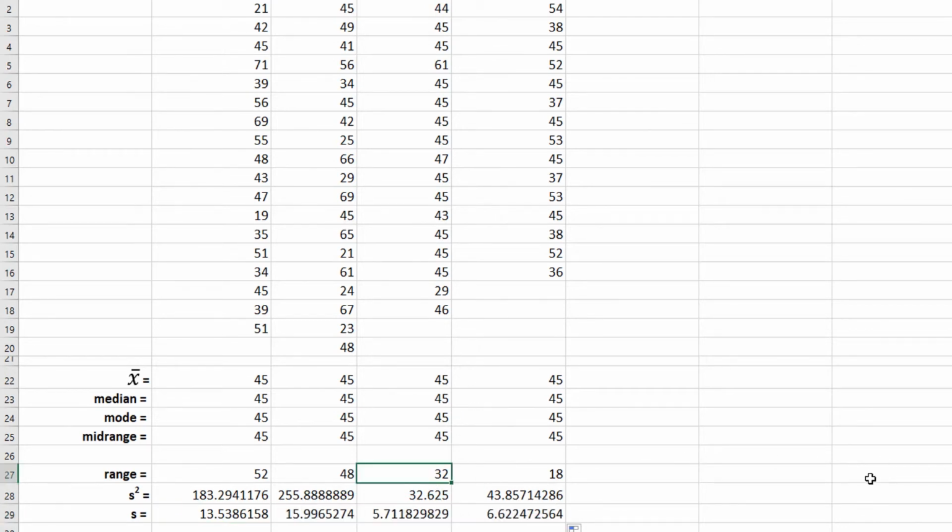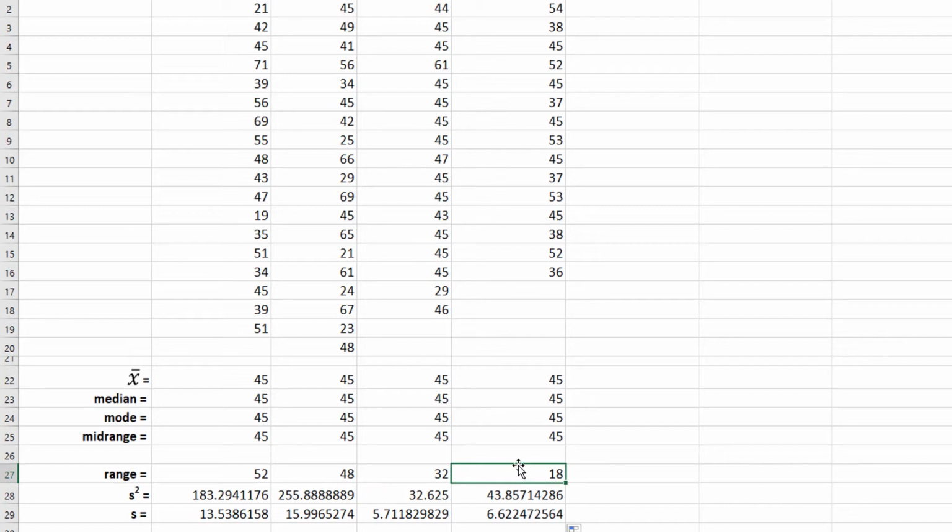If I take a look at just the ranges, 52 is a pretty big range. 48 is also a pretty big range when you're comparing it to a mean, median, mode, and mid-range of 45. 32 is a little bit better. And 18, that's probably even better.